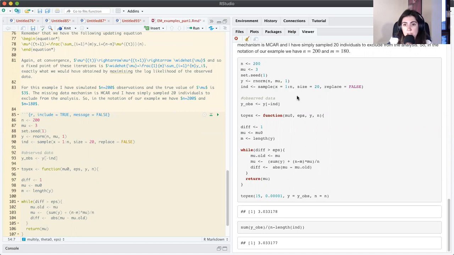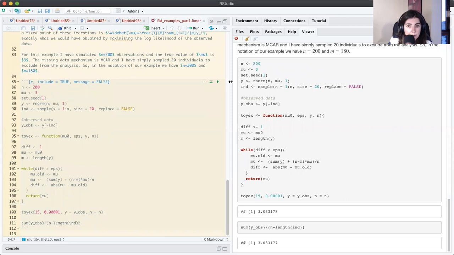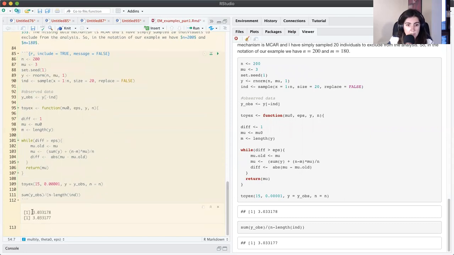I've just randomly picked 20 individuals and removed them from my analysis. If I do this and run it, this is the value that I obtained, and I know that the true value is 3. Then I compared it with what we get from maximizing the observed data likelihood, or the fixed point of our updating equations, and it's exactly the same thing.